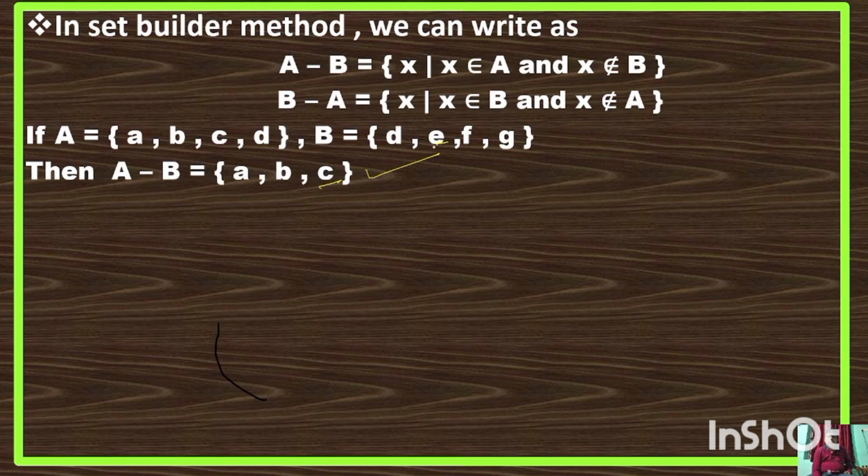So A difference B is {a, b, c}. Understand? Okay. Similarly, B difference A means those elements that are in B but not in A, which are e, f, g. These are the elements.